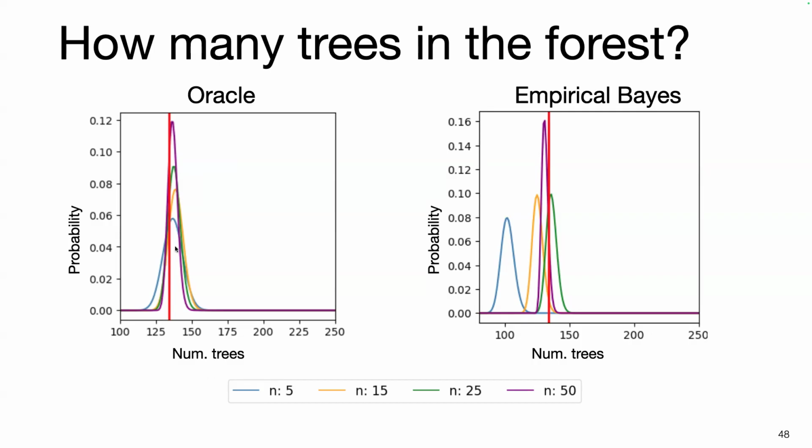Here I'm showing the posterior distribution of the total number of trees for different sample sizes. Under the oracle method, the variance of this posterior just shrinks as the sample size increases. But also in the empirical Bayes case, things are looking pretty good. If we have only 5 observations, which is arguably not a lot, then our estimates are slightly biased. But as soon as we get 15 observations, we are pretty accurately recovering the true number of trees.